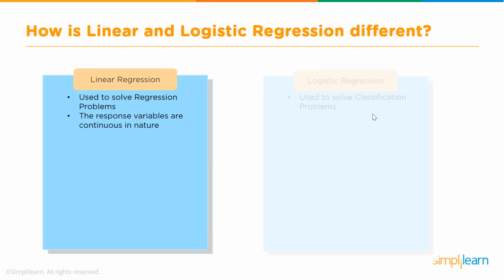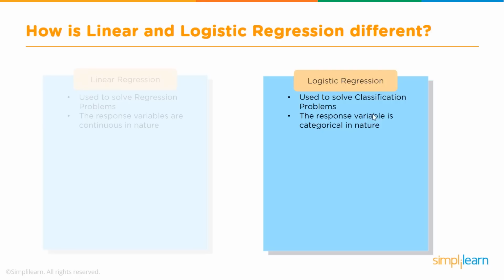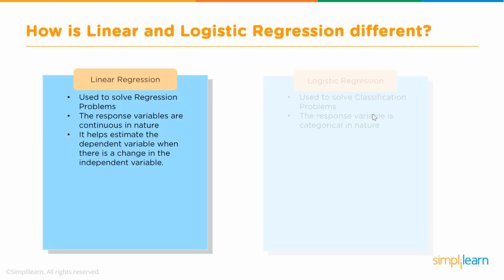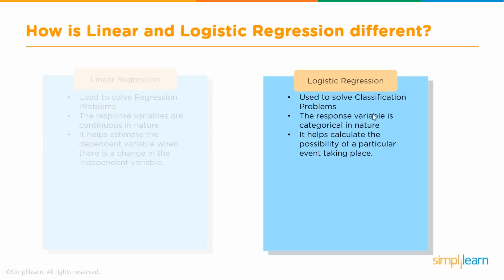The response variables in case of linear regression are continuous in nature, whereas here they are categorical or discrete in nature. And linear regression helps to estimate the dependent variable when there is a change in the independent variable, whereas in case of logistic regression, it helps to calculate the probability or the possibility of a particular event happening.